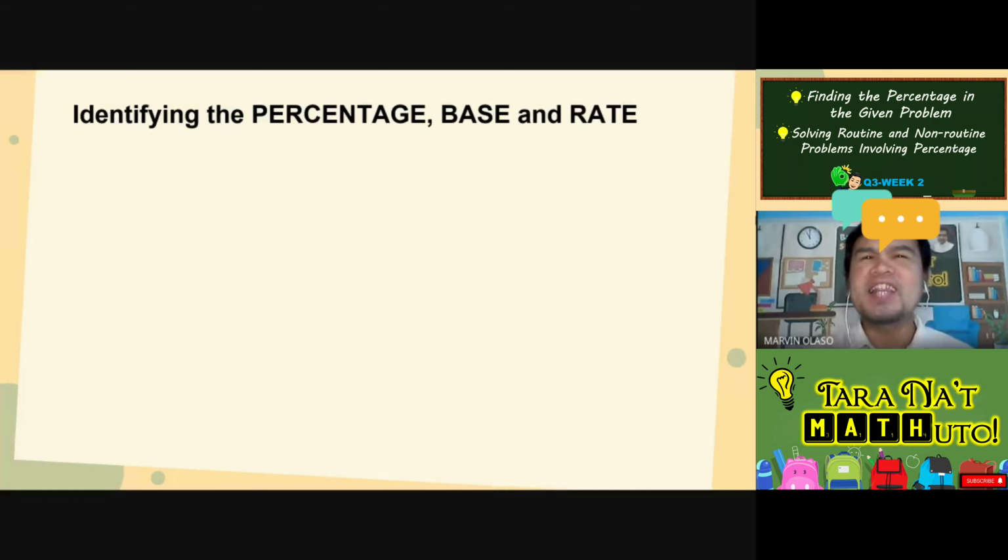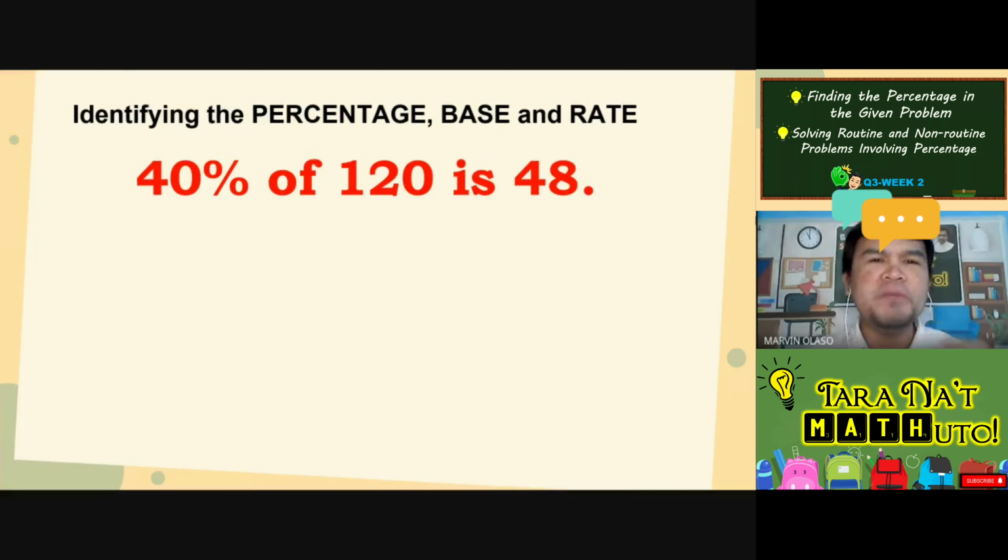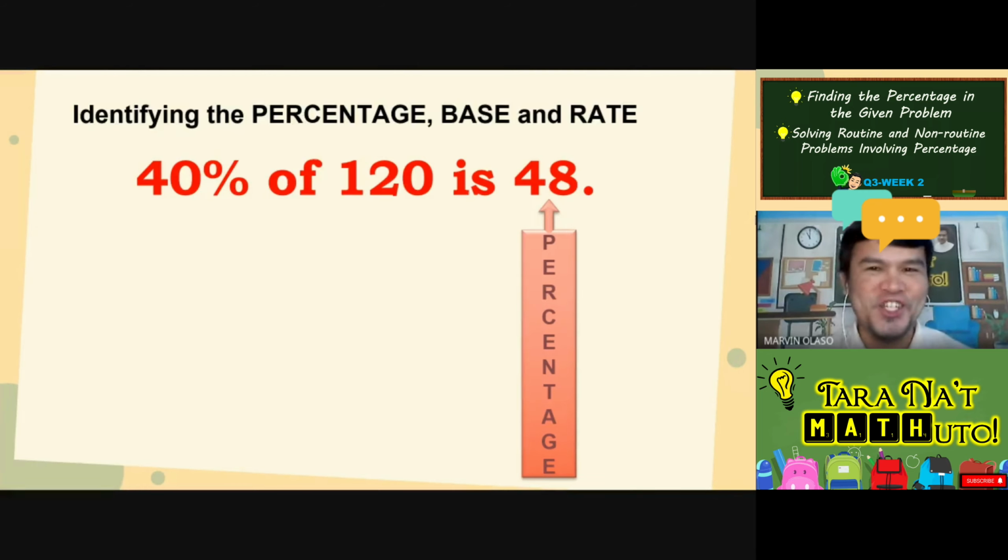This time, let's review also how do we identify the percentage, base, and rate. For example, we have 40% of 120 is 48. Which among the three given numbers is the percentage? Alin ba dyan? Yes, it is associated with the word is. So, 48 is our percentage.